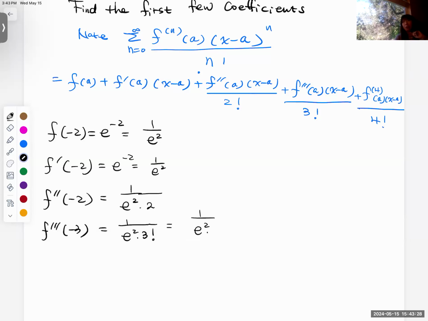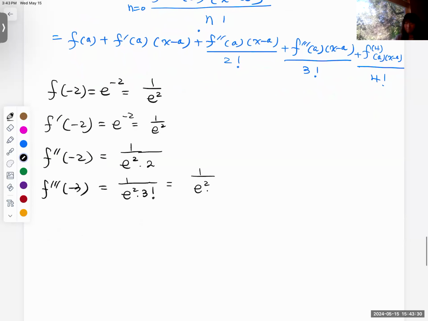What is that? 3 factorial, 4 factorial. Can you please give it to me?